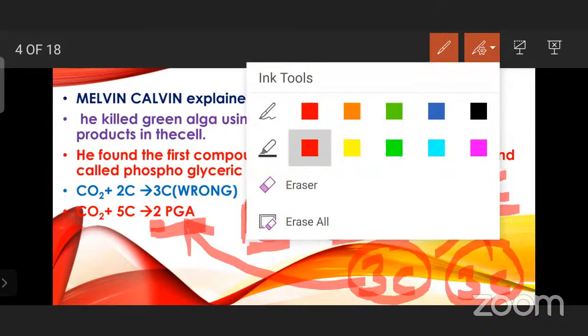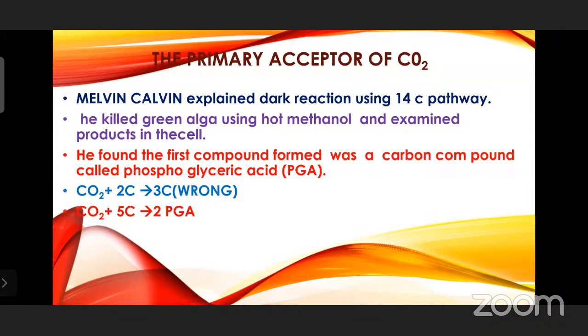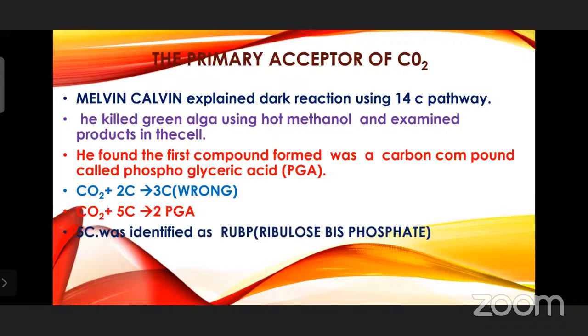So in this way we'll proceed here, and you can see it was identified as RUBP. This 5 carbon compound is none other than RUBP, ribulose bisphosphate. Bisphosphate means 2 phosphates will be there. You have to remember this thing about RUBP.